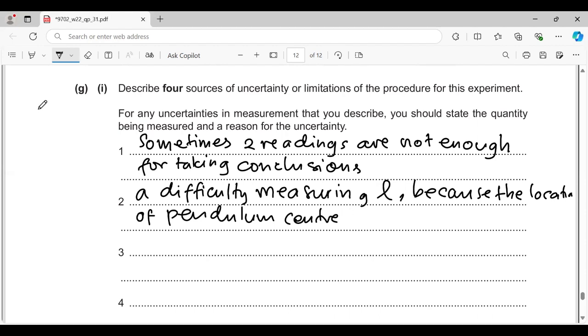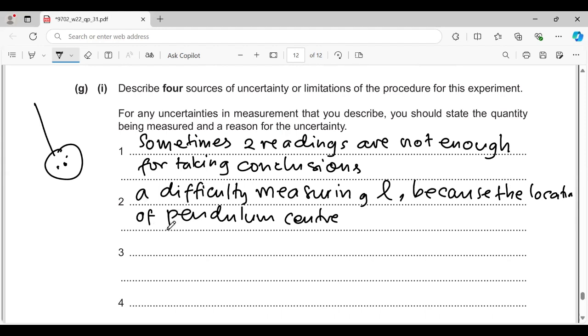If this is a string and the pendulum is like this, sometimes we are confused about which one is the precise center of this pendulum. We have to know the precise strategy for determining which area is the center of this pendulum.